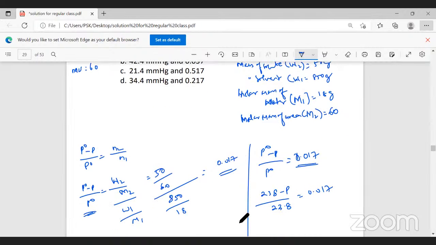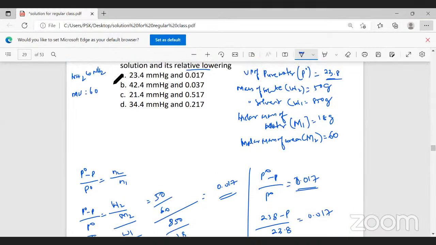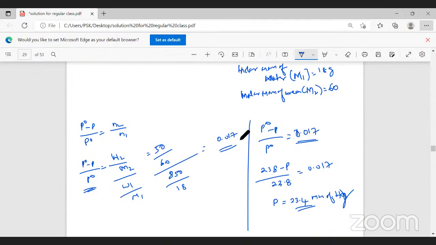On simplification for P, you get 23.4 millimeters of mercury. It is simple mathematics, cross multiply and divide. Hence the answer for this question is option A, 23.4 millimeters of mercury, and 0.017 is the relative lowering of vapor pressure.